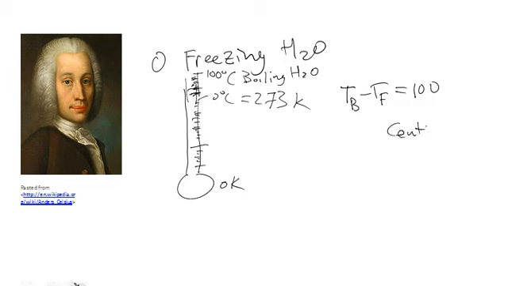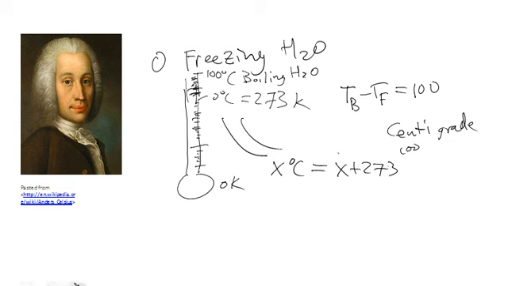Centi means 100, and grade means grade. So that's why it's called centigrade. And also from this information, we know that if we have x degrees Celsius, that's equal to x plus 273 Kelvin. So that's how you convert between those two, and why it's that conversion.